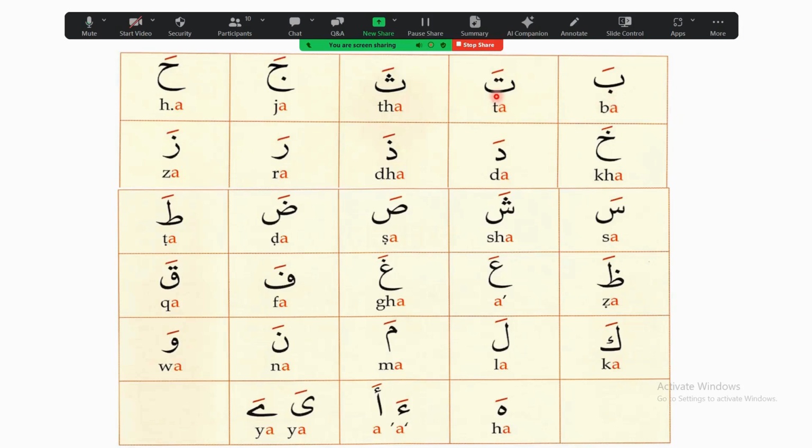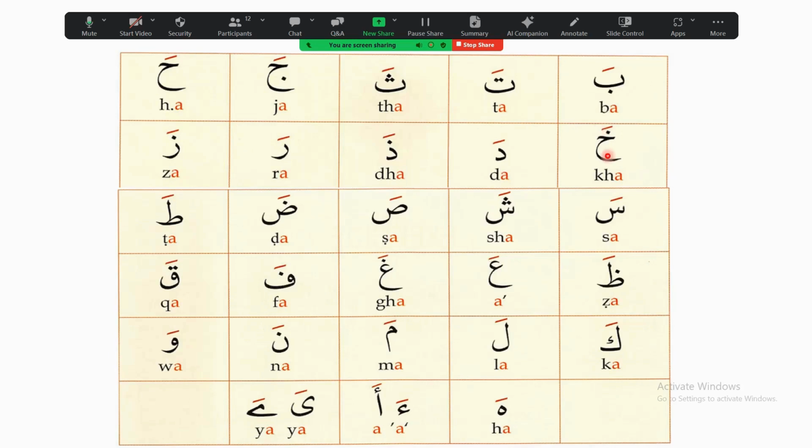Ta fatha ta, ta. Tha fatha tha, tha. Jim fatha ja, ja. Ha fatha ha, ha. And then we just say batasajaha. For this you will have to practice on your own like this as well.